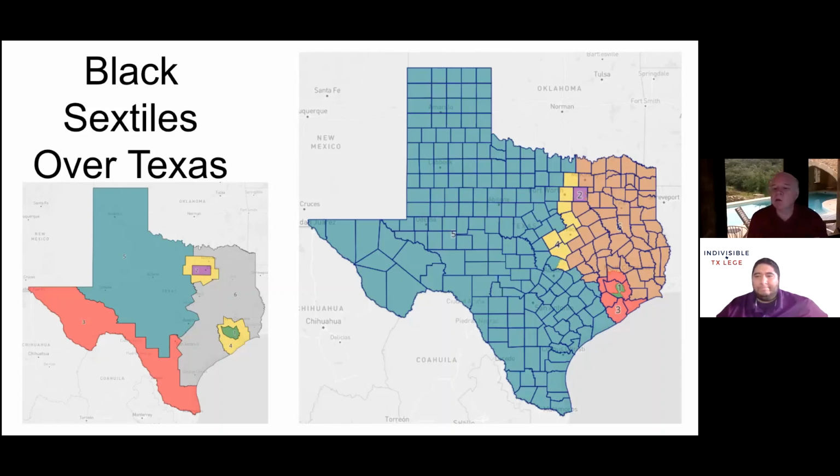I may be getting out over my skis just a little bit here by what I'm about to say, because some of what I'm about to say I've just seen while I was doing other things and haven't had a chance to really research in depth. But I will tell you that, for instance, the Black opportunity congressional districts in Texas, both of them seem to have had higher percentages of Black Texans than they did 10 years ago.